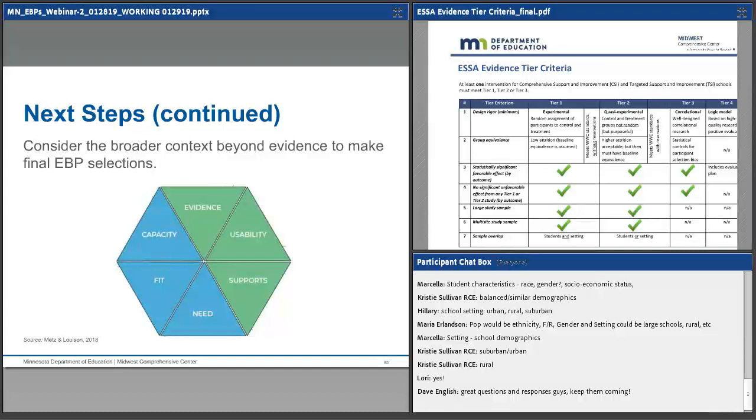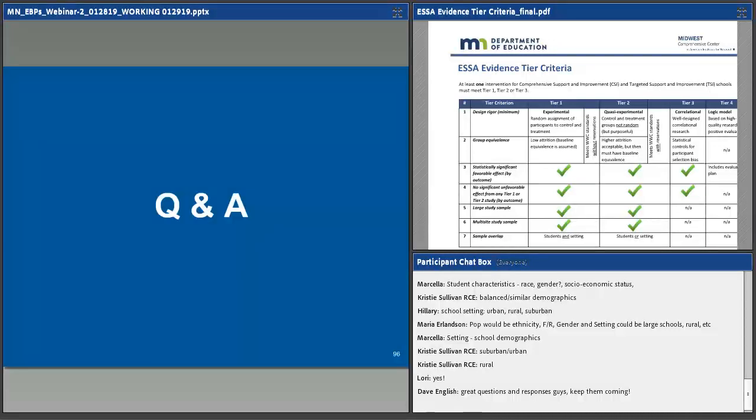You need to have the capacity to implement that practice. You need to have the supports in place to implement the practice. So we glossed over it here in this webinar, but remember to look at a tool like the hexagon tool here, which Minnesota has been using for some time to really put the evidence decision in its proper context.